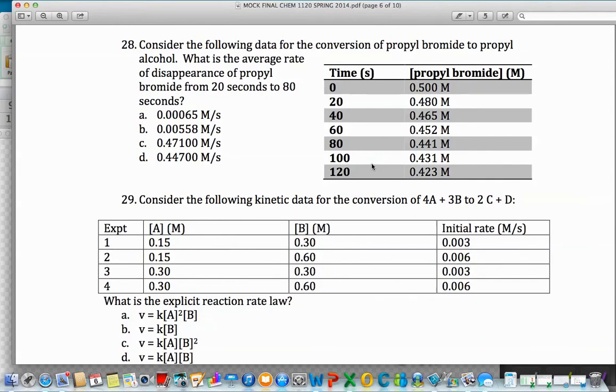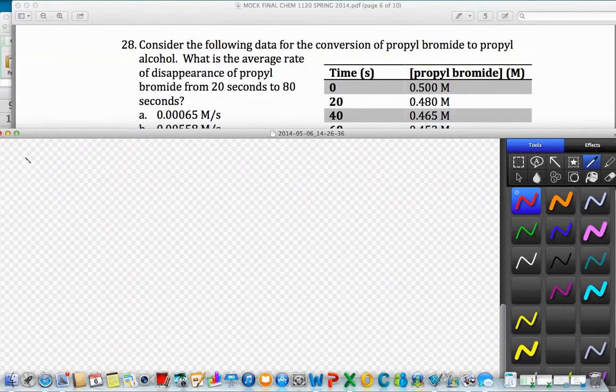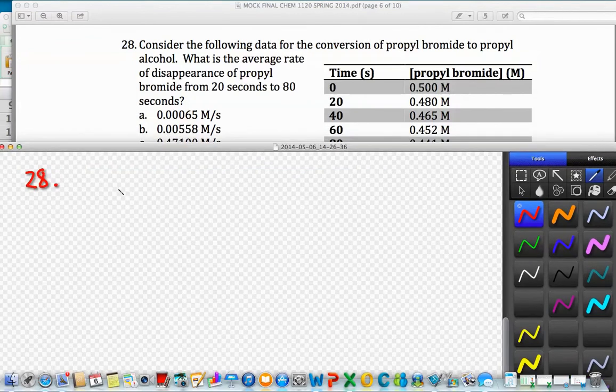Number 28 bothered a lot of you guys. It's really not all that bad. We simply need to know the rate of disappearance. And so we're going to look at the change in concentration of our reactant divided by the change in time.